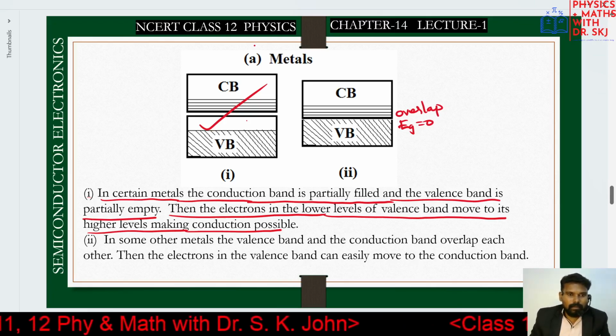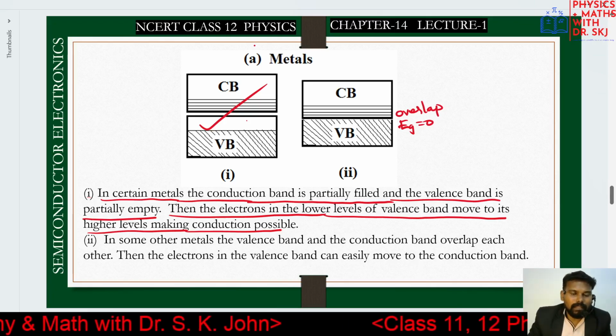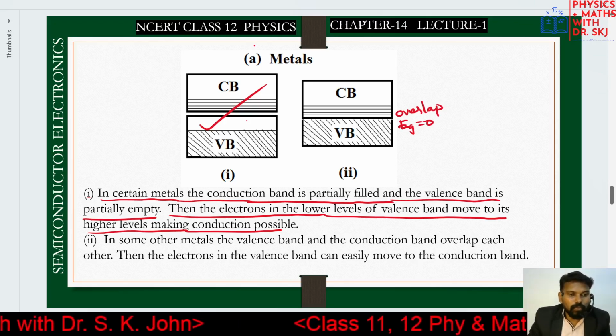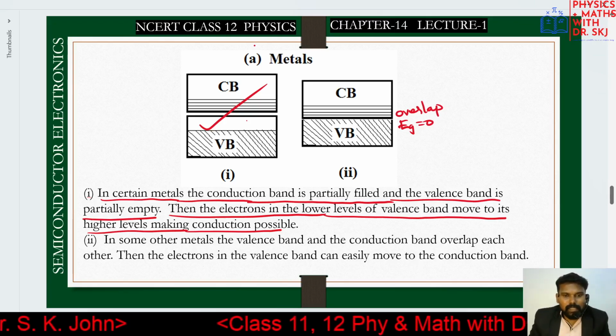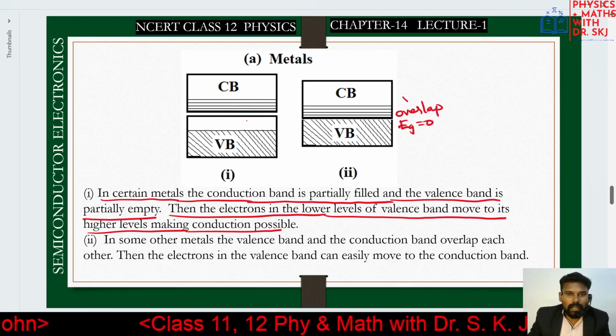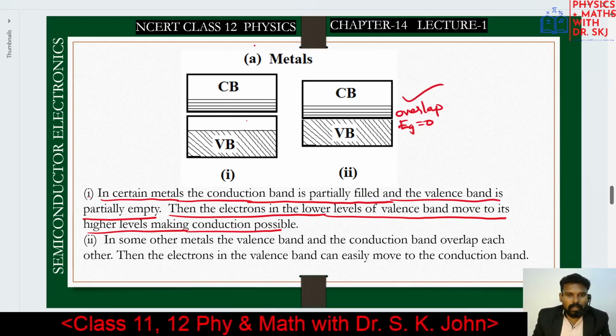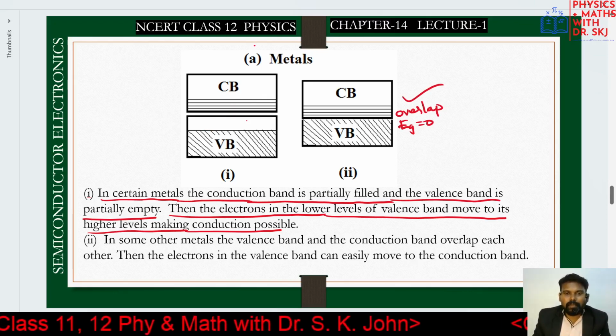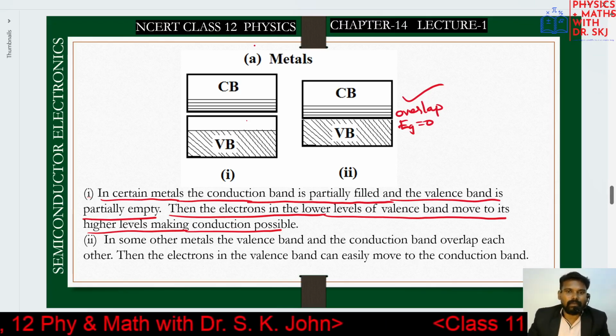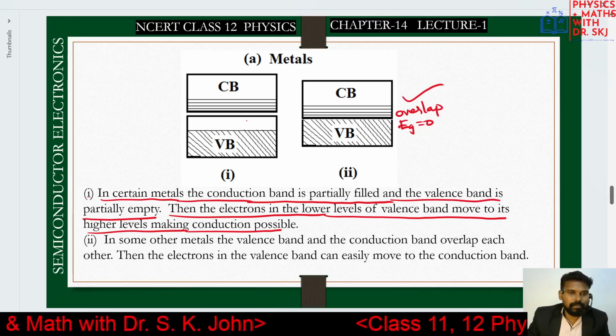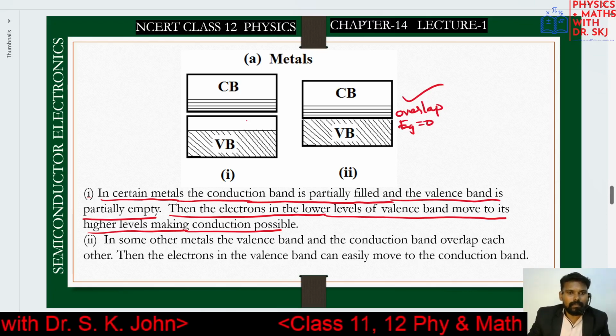Here also the electrons in the conduction band can move. In some other metals, the valence band and conduction band overlap each other. This is the overlapping case, or the second case. Then the electrons in the valence band can easily move to the conduction band. So these are the two diagrams for metals.